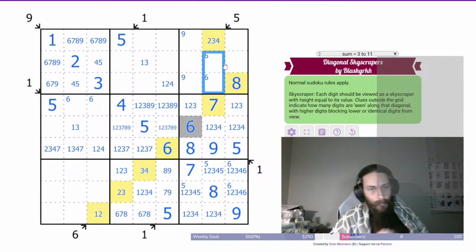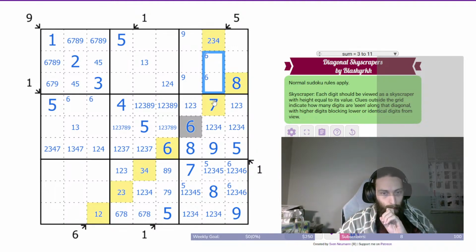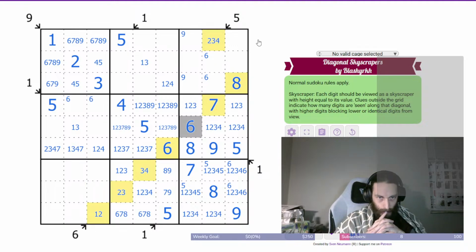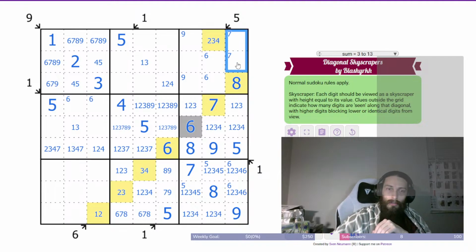We're just short of a full group. 6 has to be one of these two. What are we missing? 7's up here.